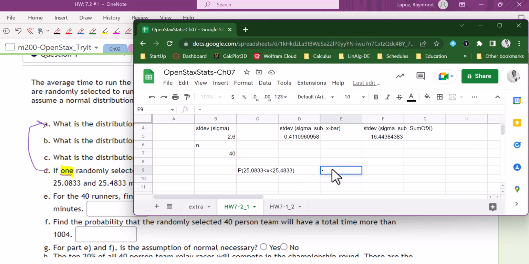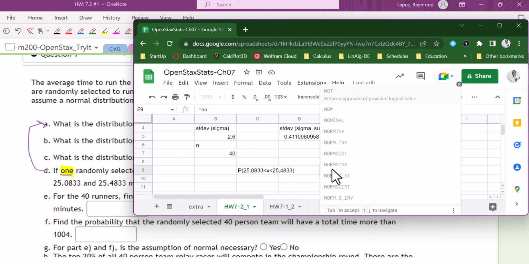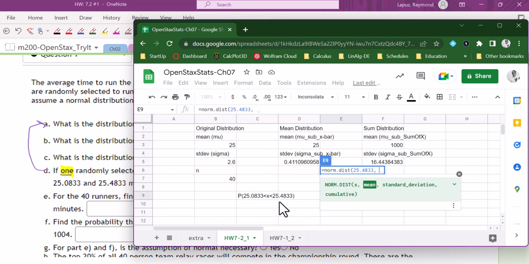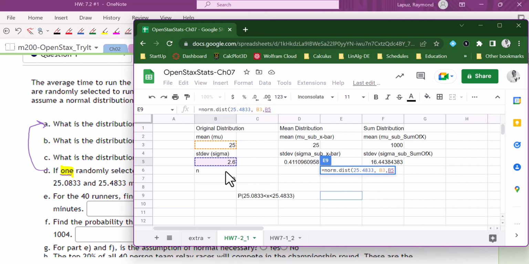So the value, we'll say equals, and then norm.dist, and then the x value is 25.4833. That's the larger one. And then for the mean and standard deviation, I can click on the mean, and I'll press comma, and then I'll click on the standard deviation, and then press comma, and then it's going to ask, is it cumulative? So we'll say true, and you get 0.5737, and that's it. So our value here would be 0.5737.